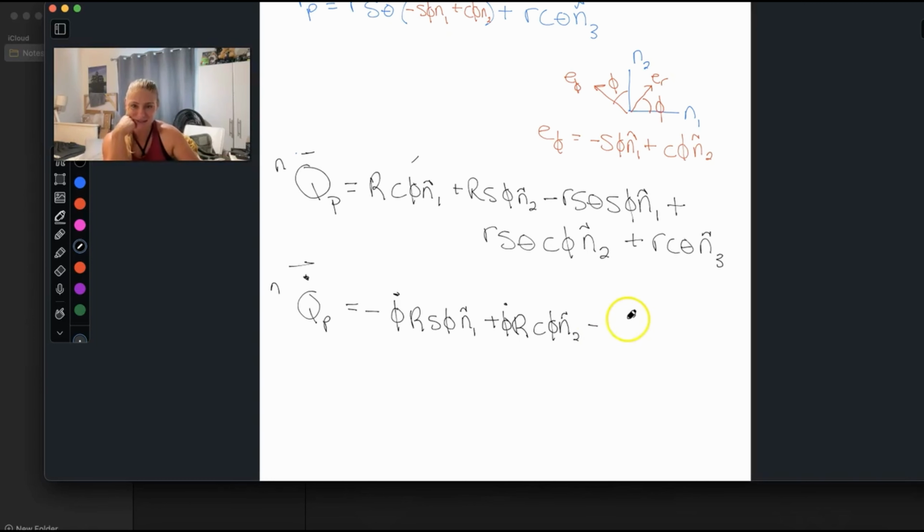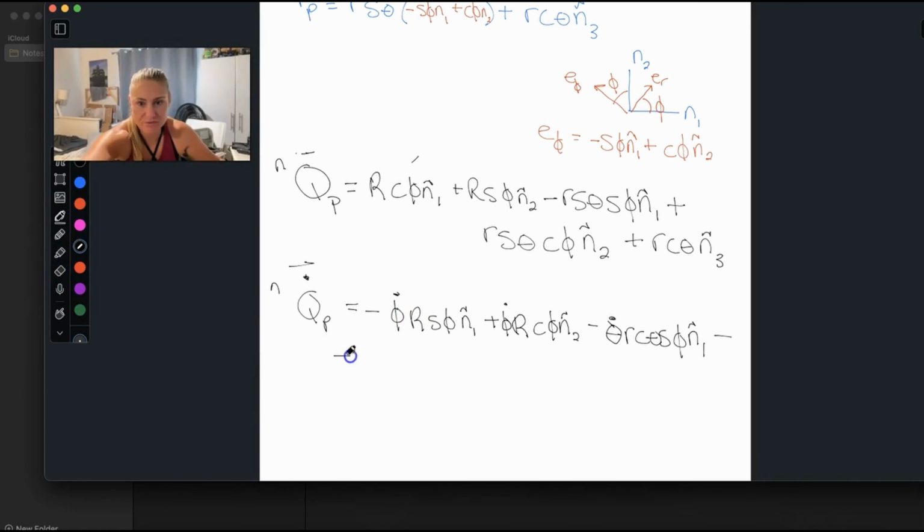So, okay, interesting. Let's say we first take the derivative of the first. That's going to be theta dot R cosine theta sine phi N1 plus, then you have to do the second, which is actually still going to be a negative because we still have that negative out there. The derivative of sine is still cosine, so that's just going to be a negative still, doesn't change.